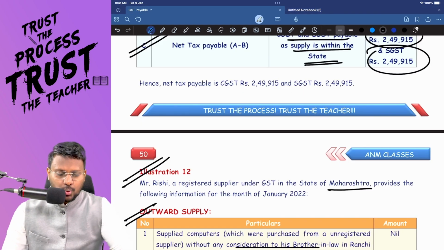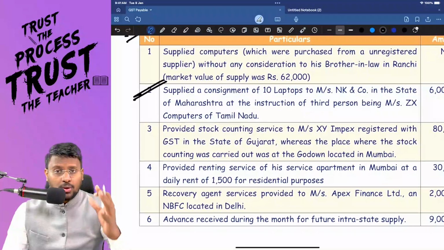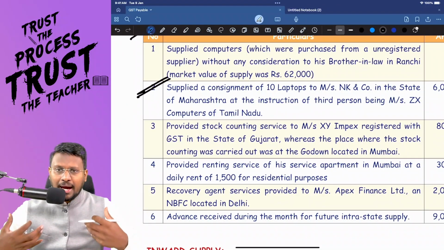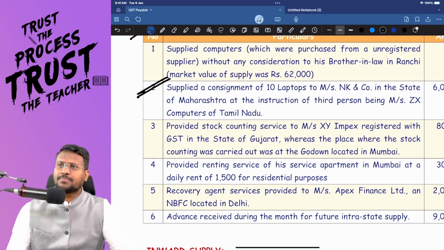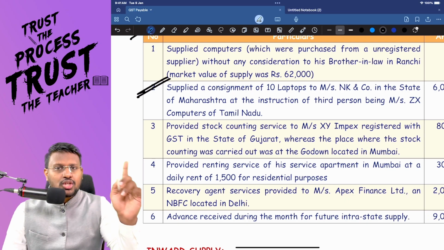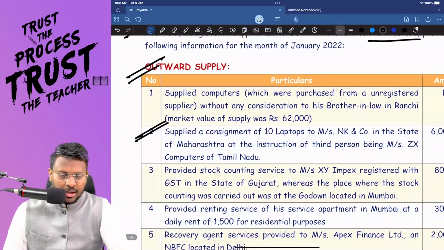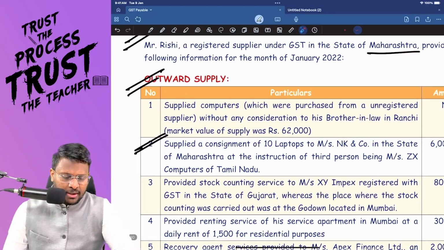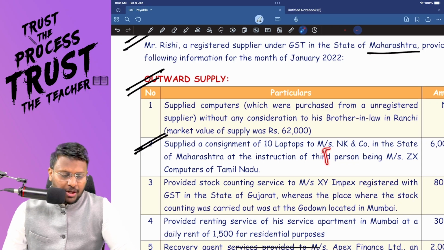So here in our question, are we the actual supplier, the third person or the actual recipient? Between the actual supplier and the third person, place of supply has to be determined as per section 10 subsection 1 clause B, which is bill to ship transaction, so the principal place of the third person will be the place of supply.